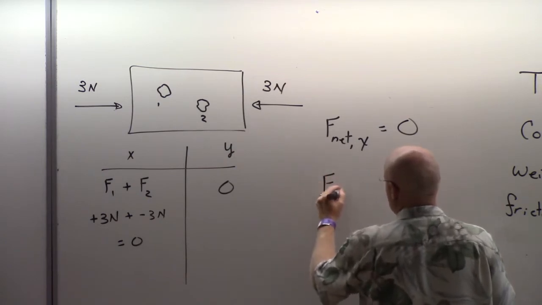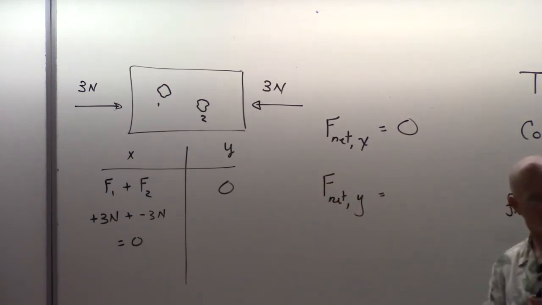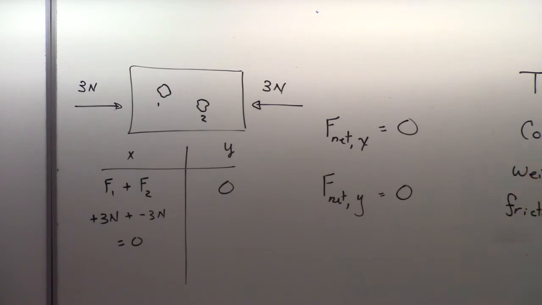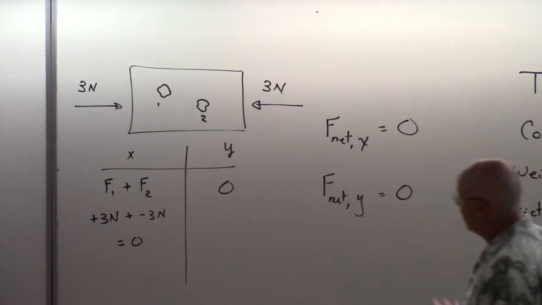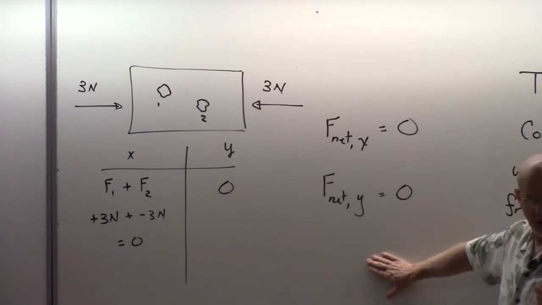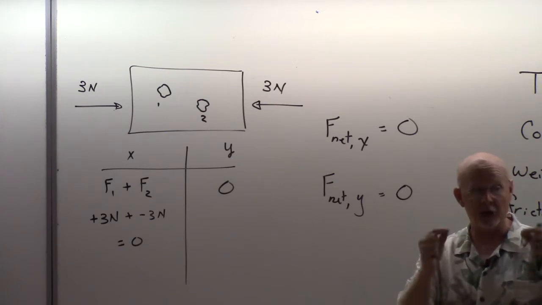And I haven't really dealt with the y direction purposely yet, because just one dimension at a time is hard enough. But the net force in the y is also 0. And so here I would say this is an example of something that has a net force of 0. And notice that net force of 0 does not mean no forces.